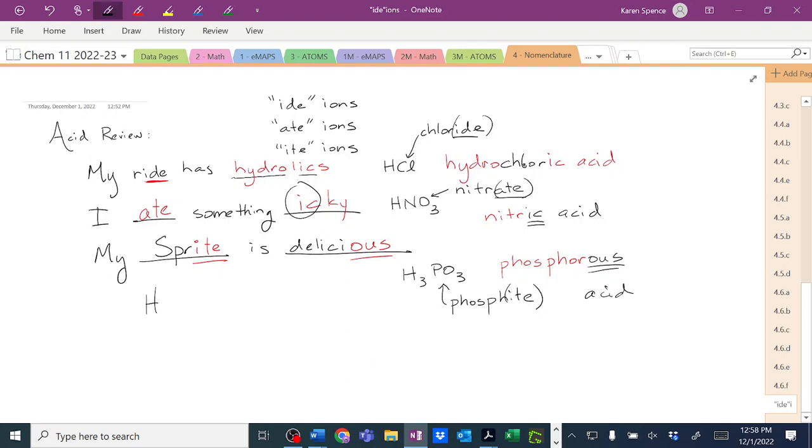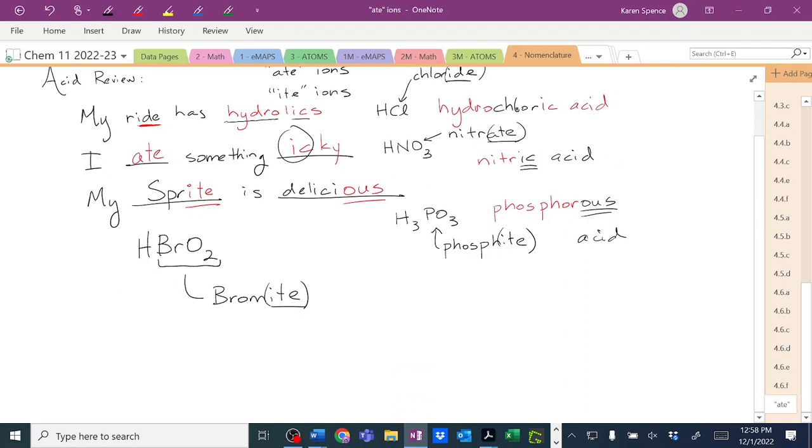If we wanted a more stereotypical one like this, I could have said HBrO2. BrO2 is bromite. So when I name the acid, it would become bromous acid.